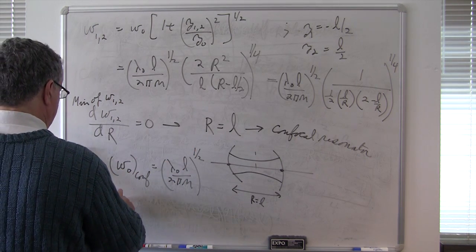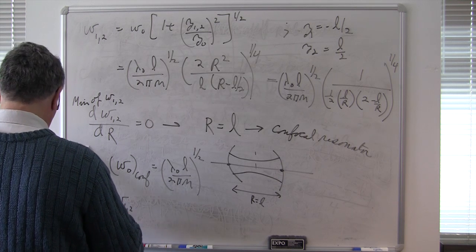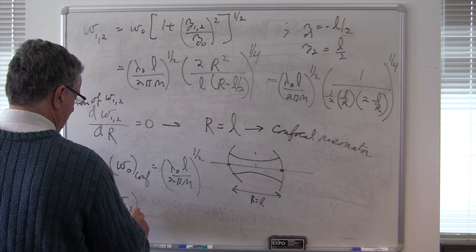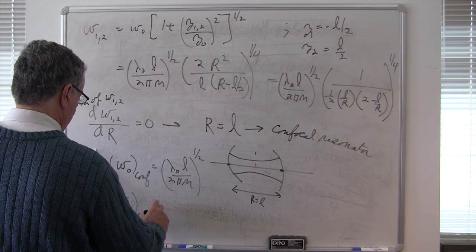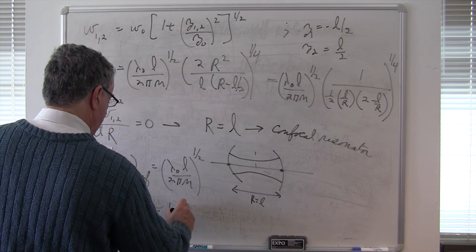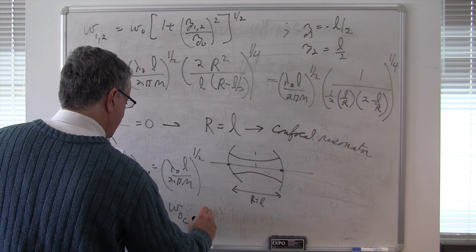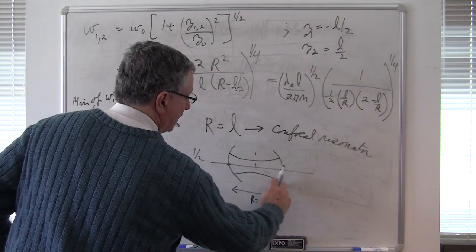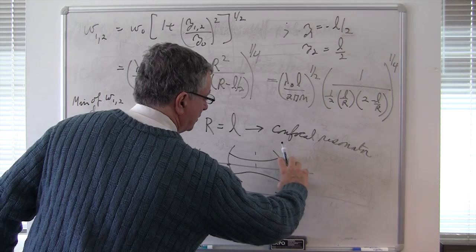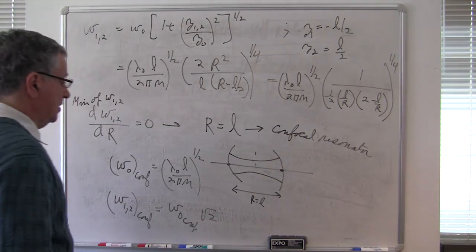And now you find that the spot size on the mirror, for the confocal configuration, is just equal to W0 confocal times square root of 2. So this is where the beam expands by just square root of 2 on the mirrors.